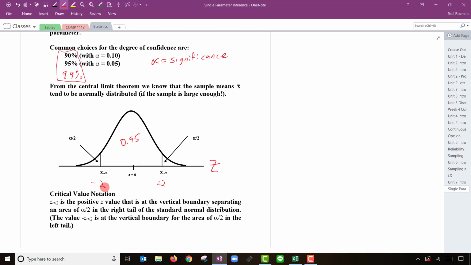Now we're going to define these z-scores as critical values. So the +2 and -2 are now critical values for confidence intervals. And the notation is z with a subscript alpha over 2, where alpha is defined above as the significance, which came from the confidence. So you have your confidence in the middle, and then you have your significance in the tails.